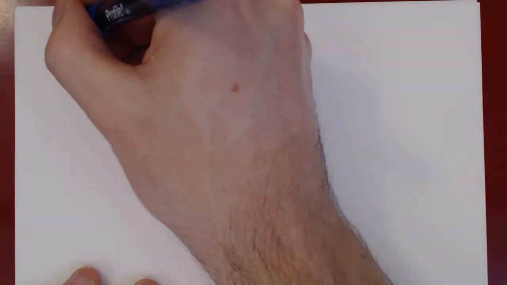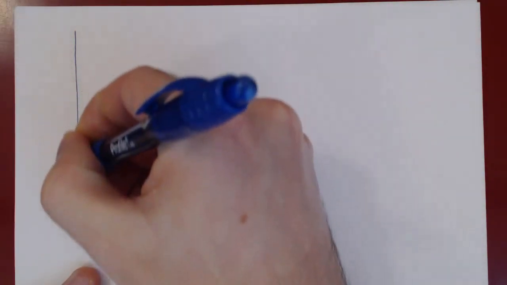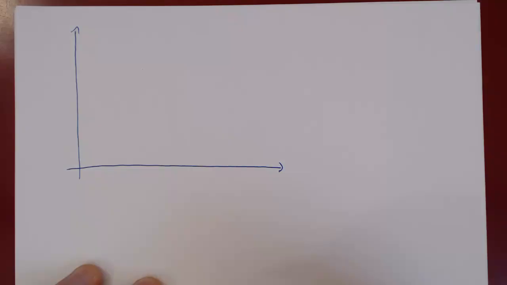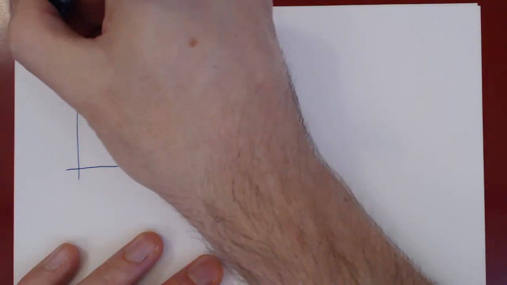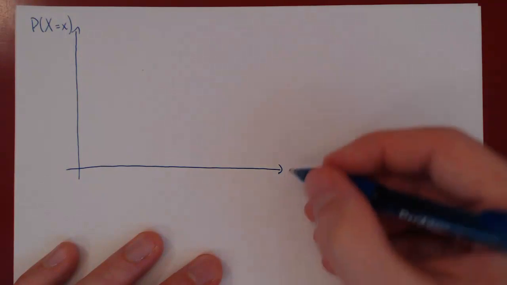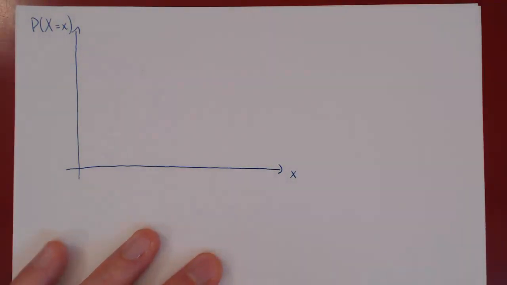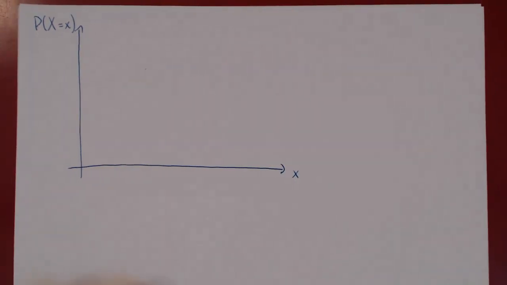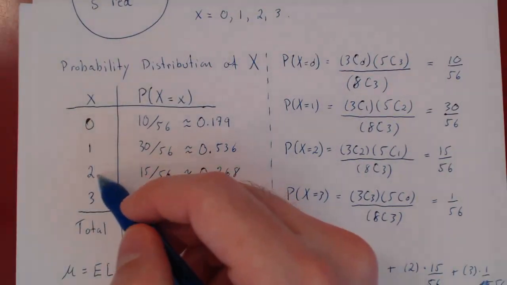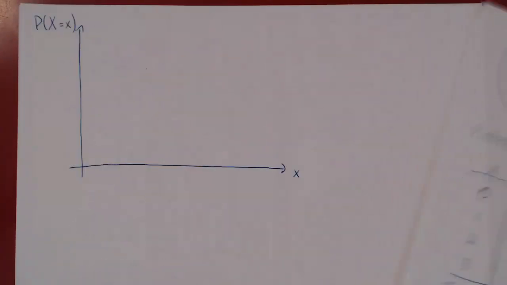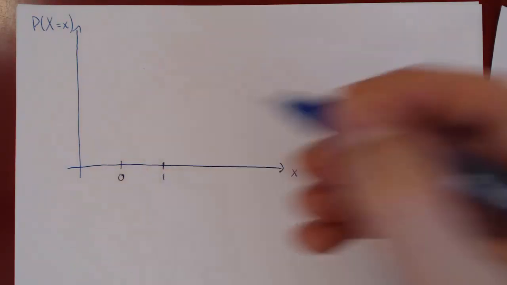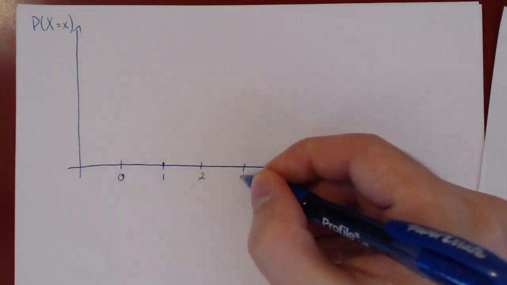As we've just said, the y-axis contains the probabilities. So this will be the probability that the random variable equals the given particular x value over all possible x values. Well, we only had, if you remember, 4 possible values of x. X was allowed to be 0, 1, 2, and 3. So x equals 0, x equals 1, x equals 2, x equals 3.